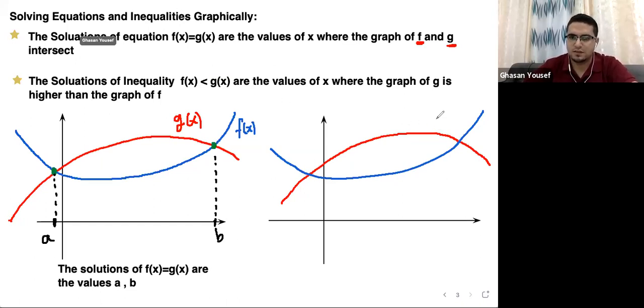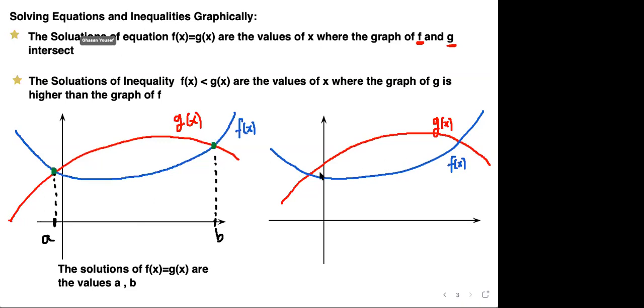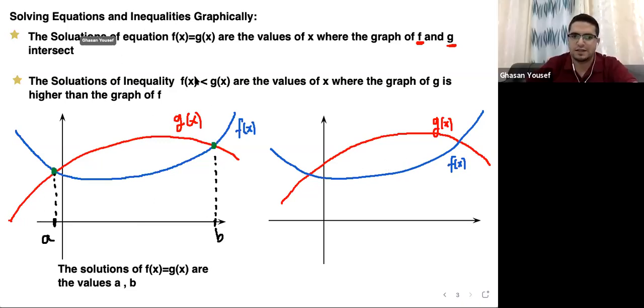Here is g of x, and the blue one is f of x. So the question is, find the solution when f of x is less than g of x. Find the solution of the inequality g of x is greater than f of x.